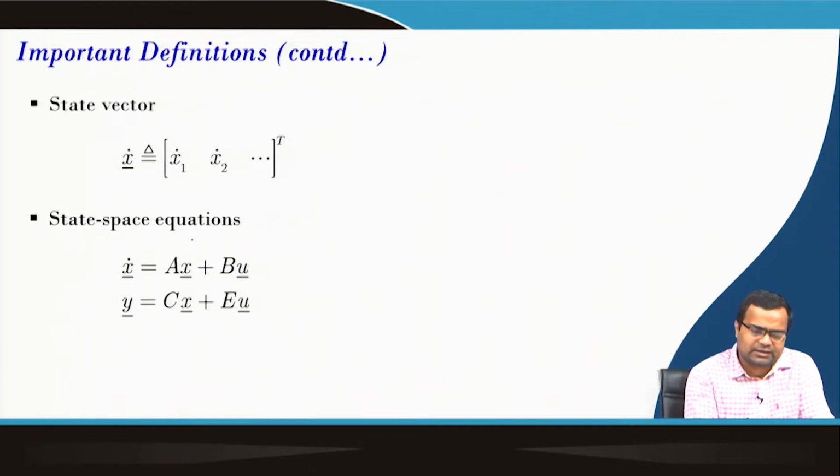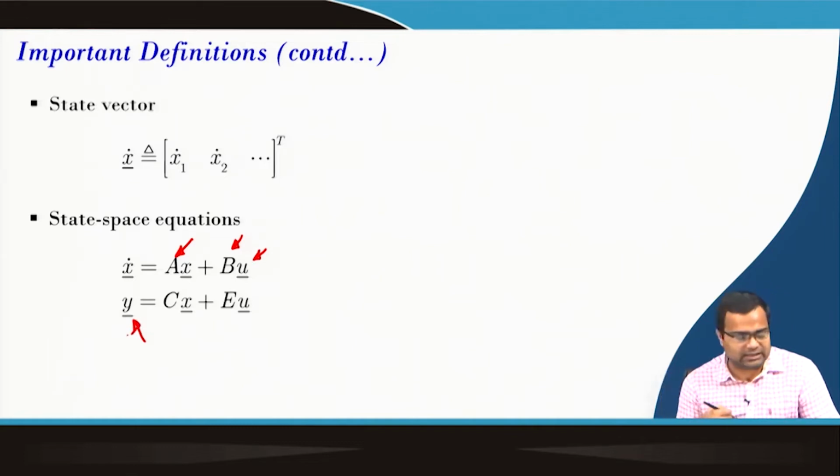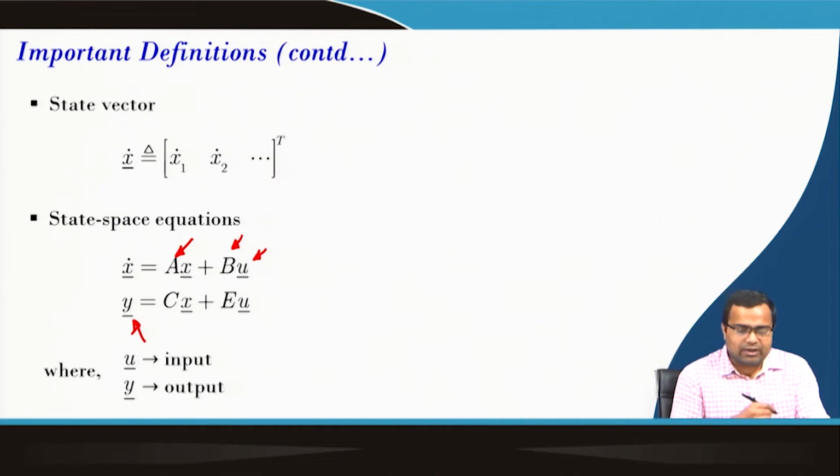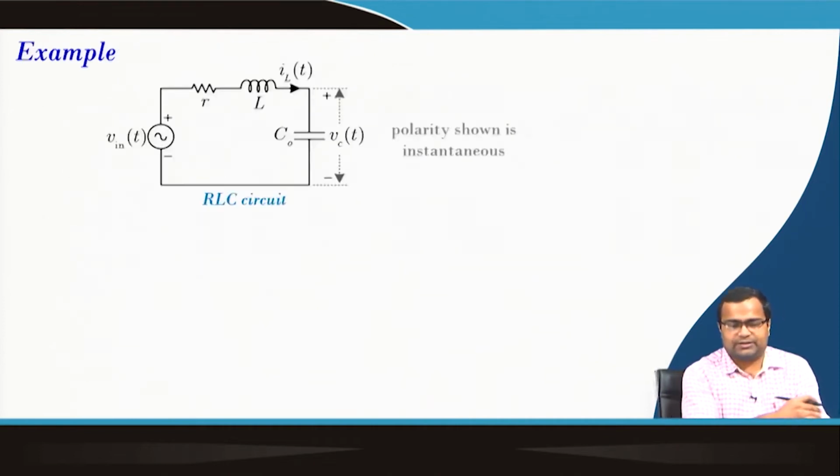So, we write in terms of A matrix and B matrix, where x is the state vector and u is the input vector. Similarly, we can write the output vector in terms of the state vector and the input vector, where u is the input vector and y is the output vector.